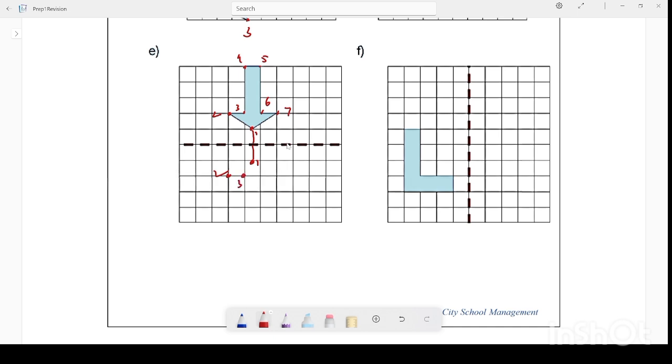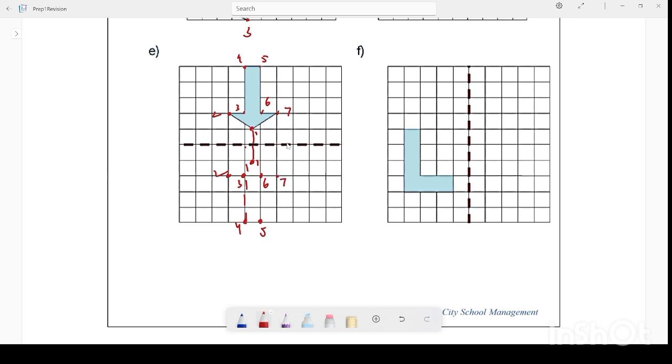And four is actually one, two, three, four, 5 blocks away. So we'll be drawing 5 blocks away, which is here. And similarly, 5 is also here. And then 6 is 2 blocks away, so 2 blocks away here. And the 7 is 2 blocks away, so 2 blocks away is here.